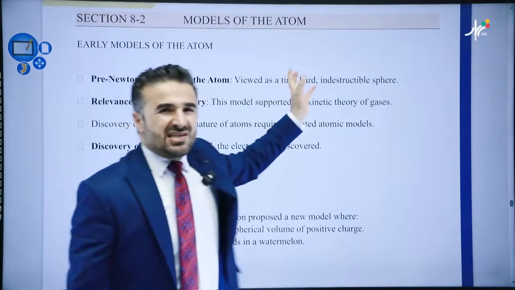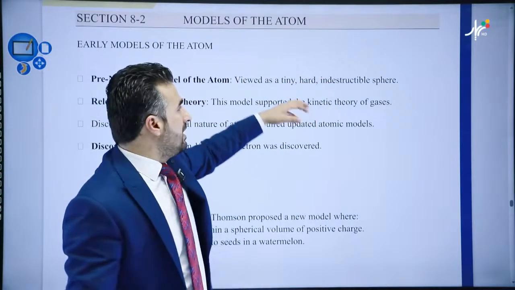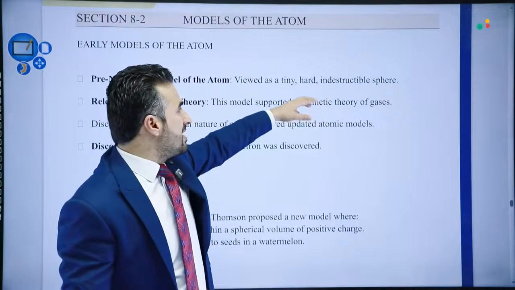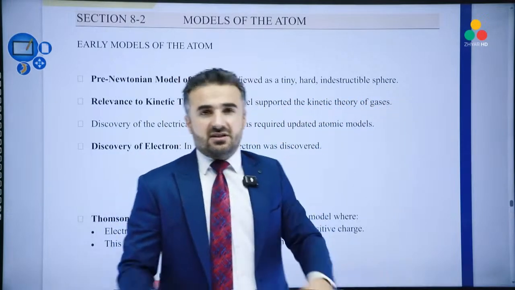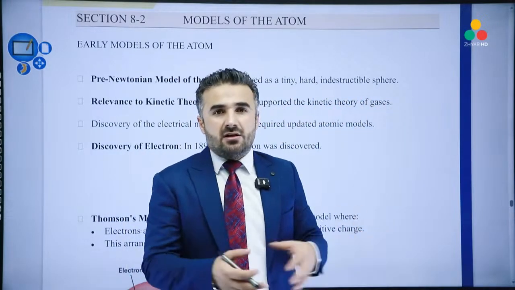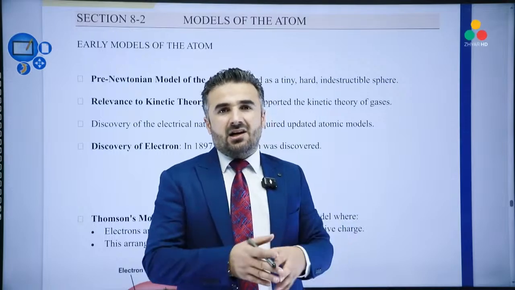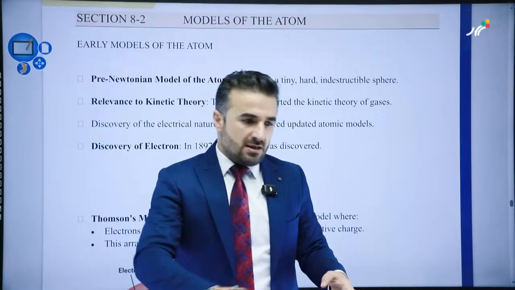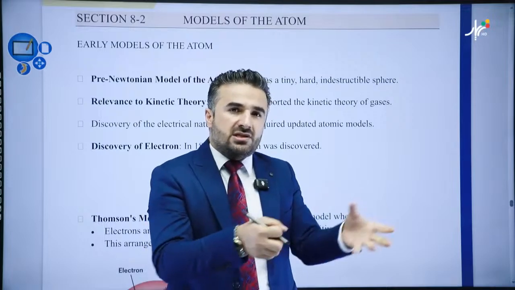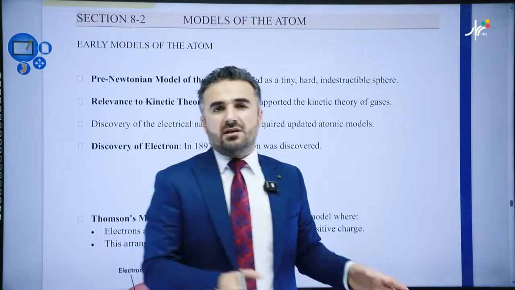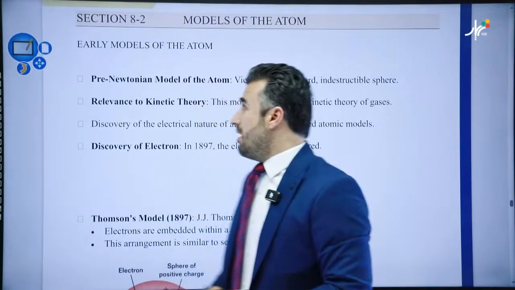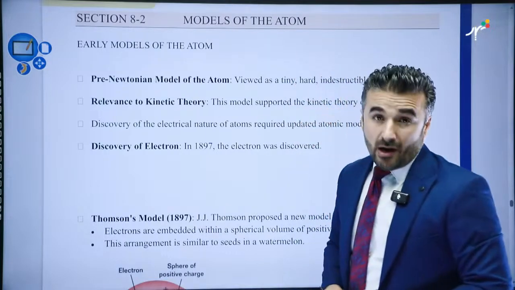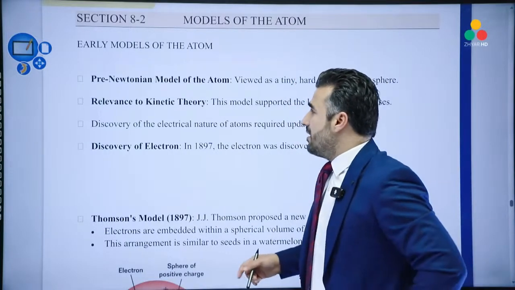They viewed the atom as a tiny, hard, rigid, indestructible sphere, a sphere that cannot be cut into pieces, something you cannot crack open to see what is inside. That is what scientists thought prior to Newton.